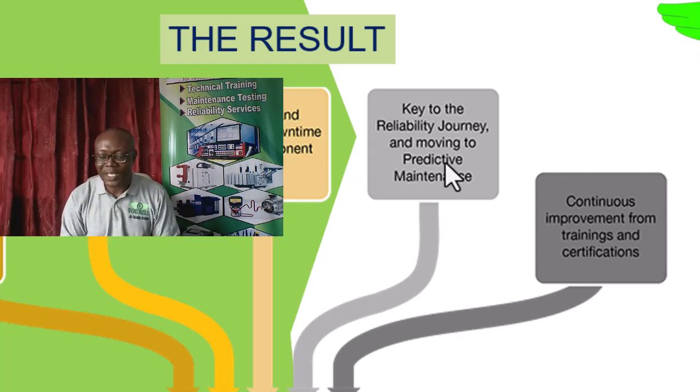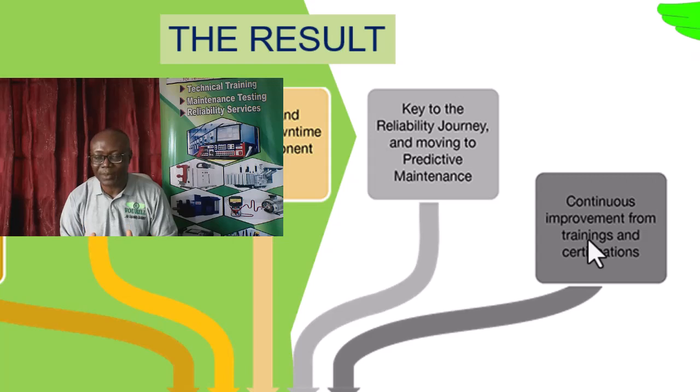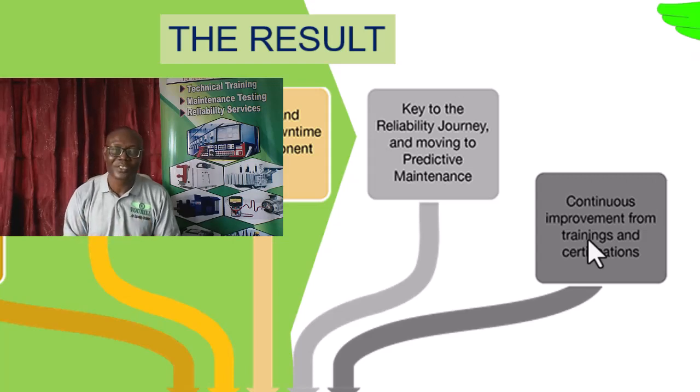And some of the results too, you see that where we need to improve, we identify the gaps, the necessary trainings that we need, also identify them and deploy them. So these are some of the beauties and the fine results that come from the optimization process.